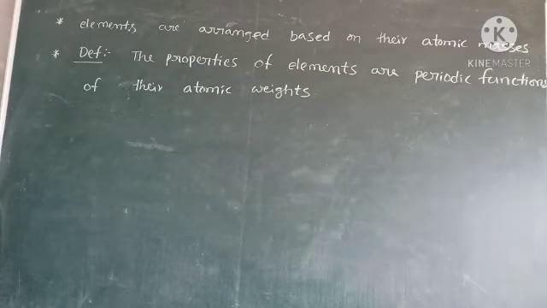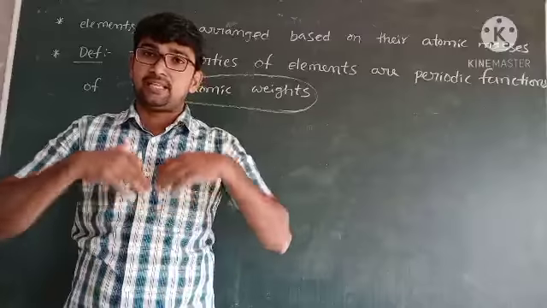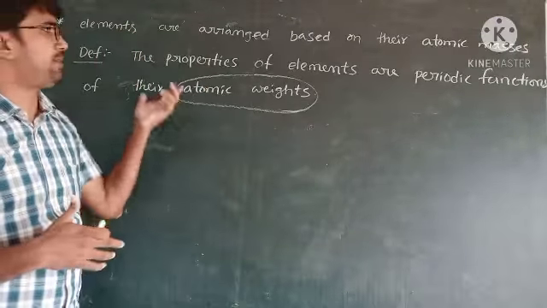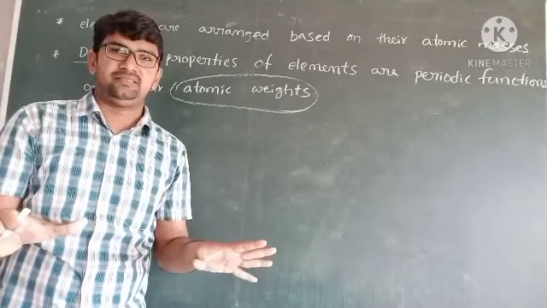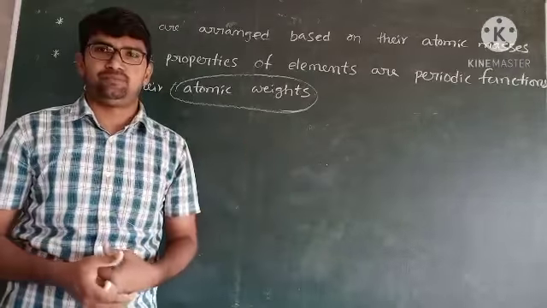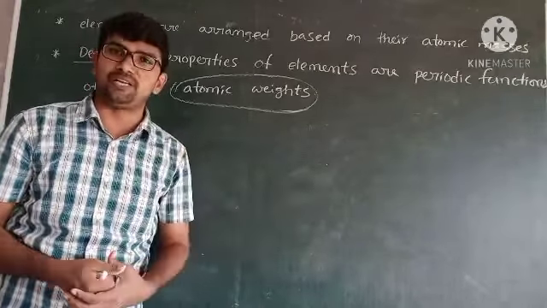Listen carefully, all of you. It means that the elements are arranged based on their atomic weights, so elements present in the group have the same properties, and the properties are related to their atomic weights. That is Mendeleev's periodic table definition. Of course, this table failed, but it gave a boost to the modern periodic table, and it gave a correct path to the modern periodic table.